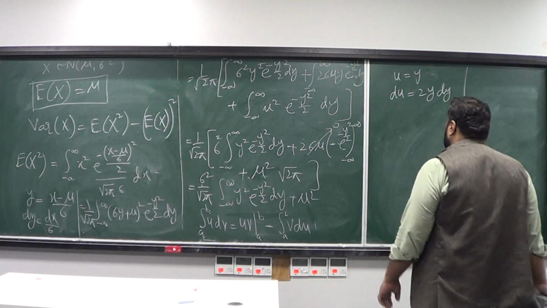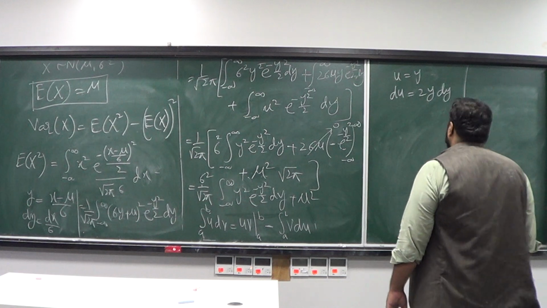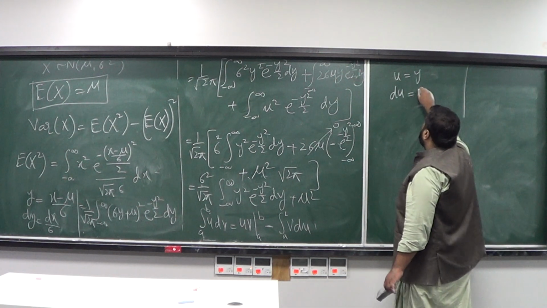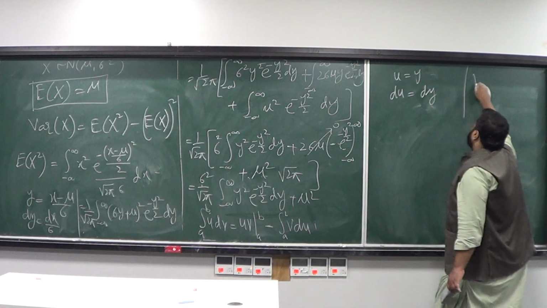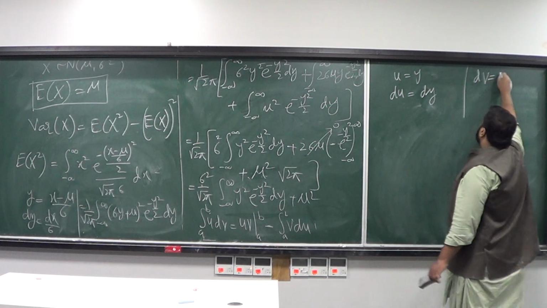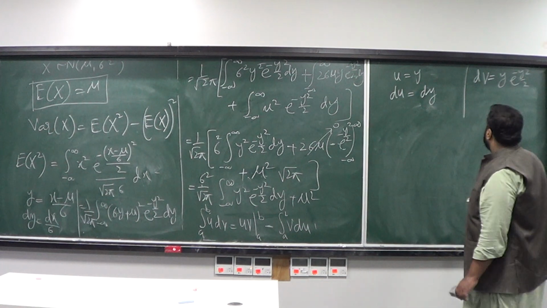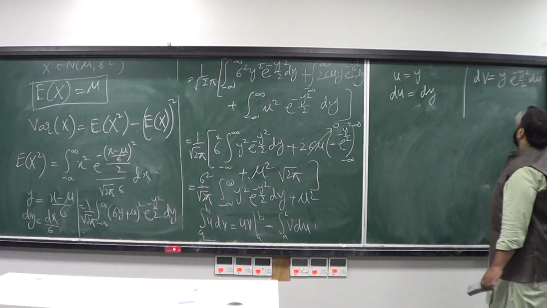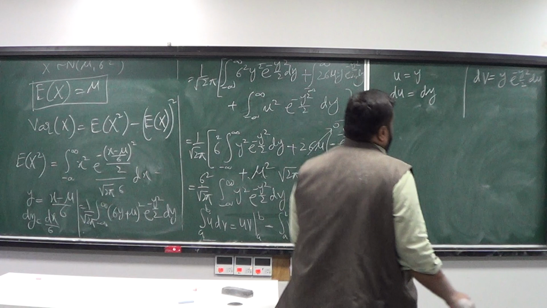Let's take u to be y, so the du is going to be dy, and let's take dv to be y times e to the minus y square by 2 dy.